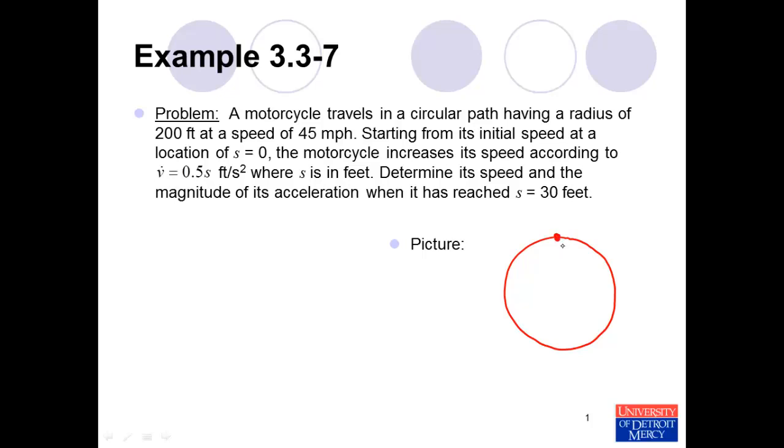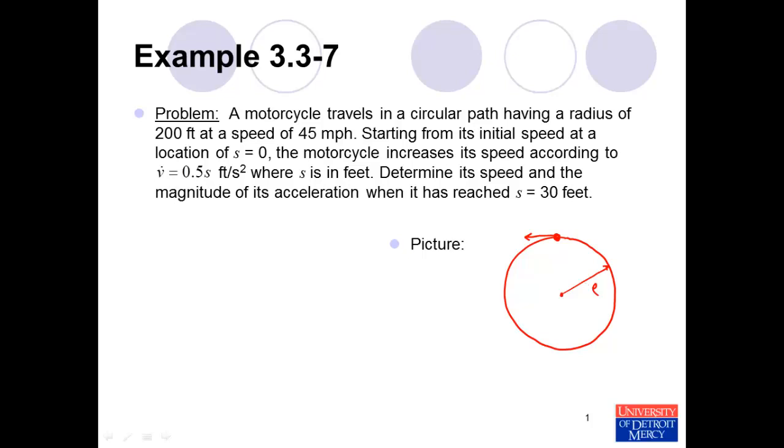I'll mark the motorcycle as being just a particle, and it's moving around the circle, and we're told that the circle has a radius of 200 feet. I'll use the variable rho to indicate radius.